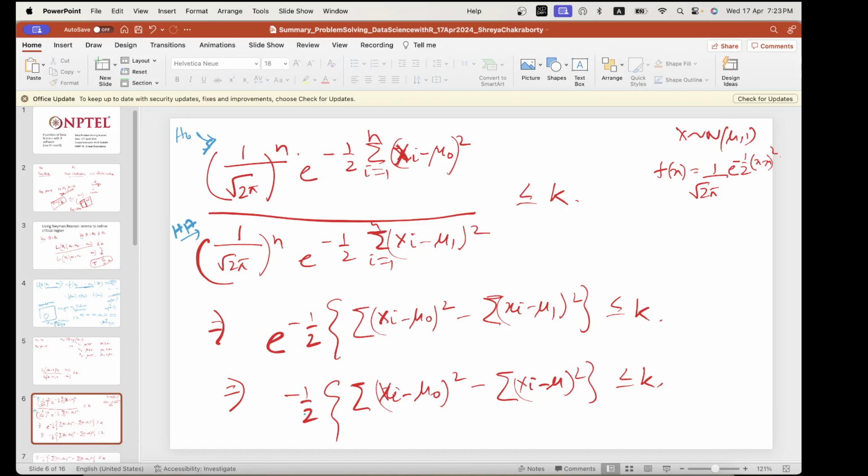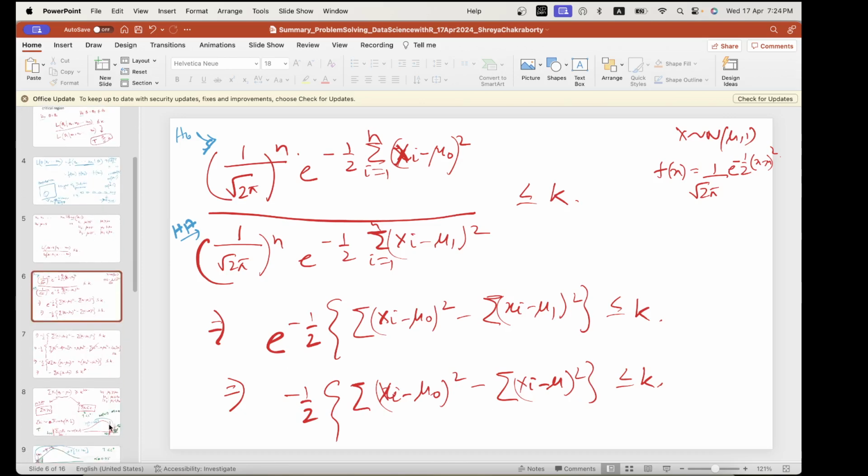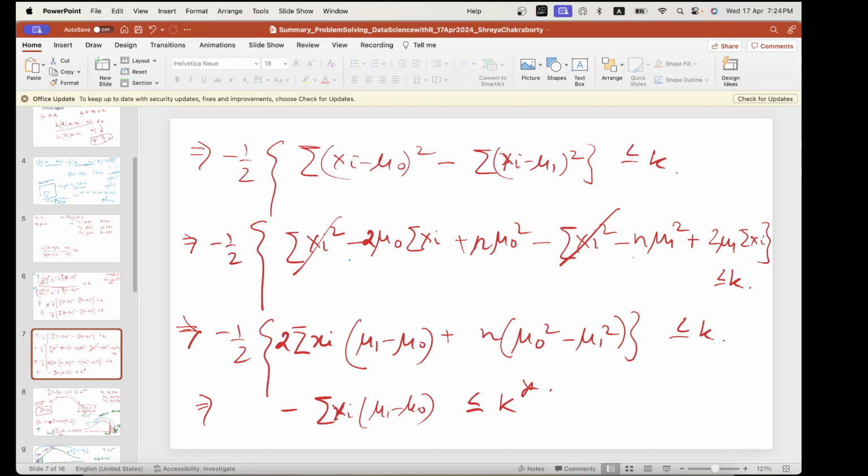Then if you expand this expression, you would land up at something like this: summation xi times (mu1 minus mu0) less than or equal to k star. This is your rejection rule because it has come from the Neyman-Pearson lemma.